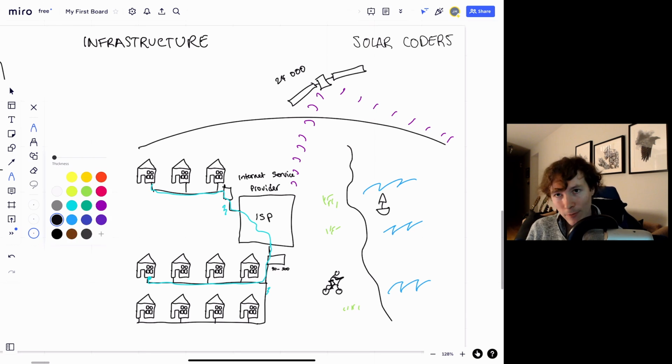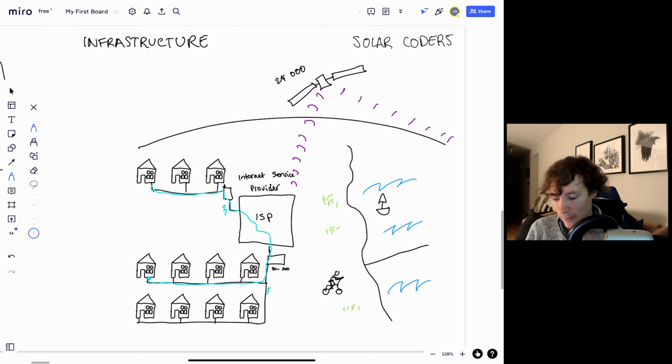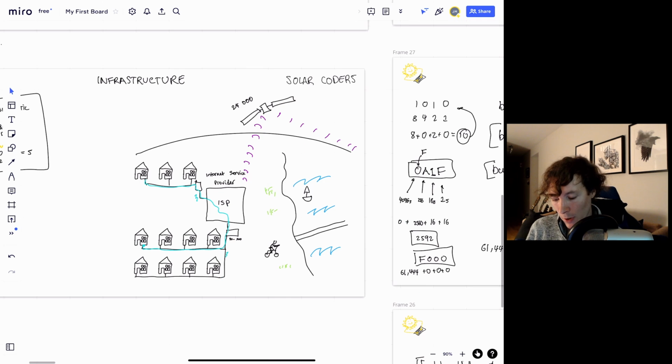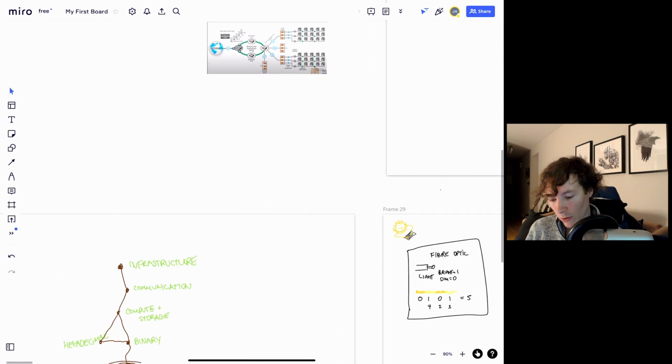Well, it turns out, from the other people on YouTube, I found this out. Basically, there are massive, thousands of kilometers long fiber optic cables across the ocean, going between countries. And I really didn't know that this was true, but I found this picture on the internet.